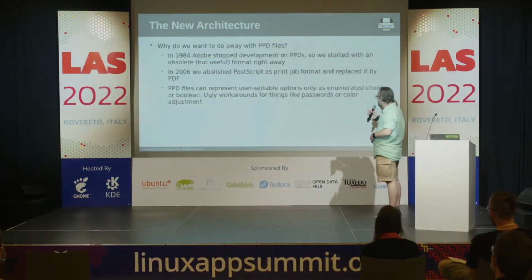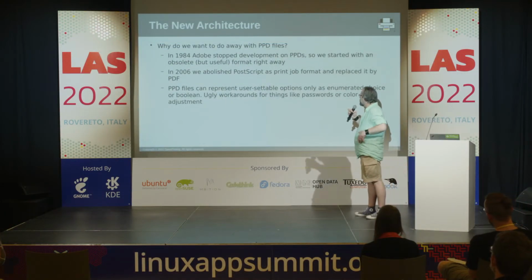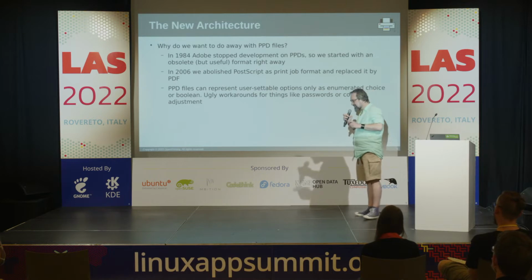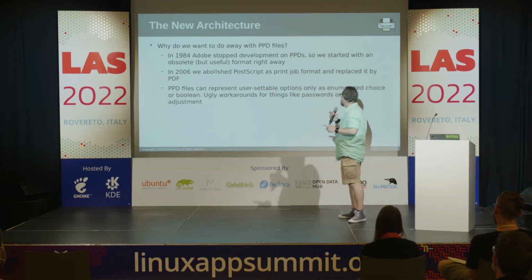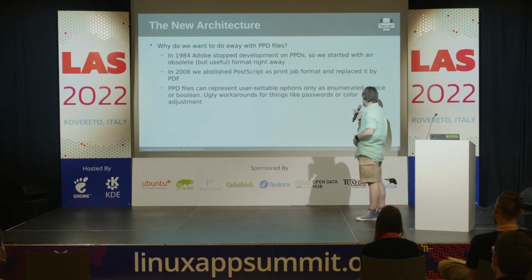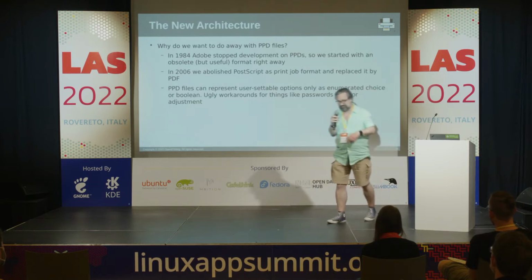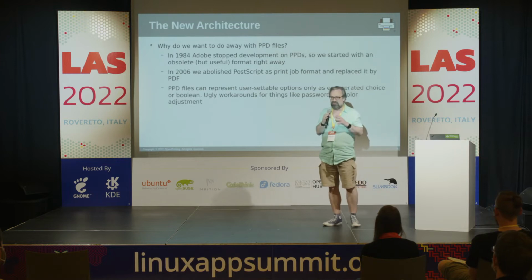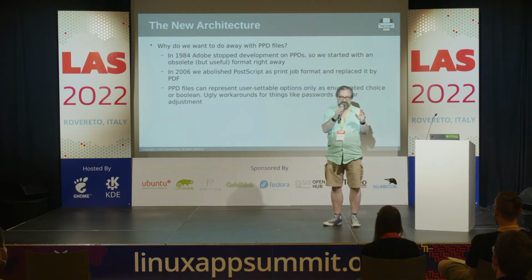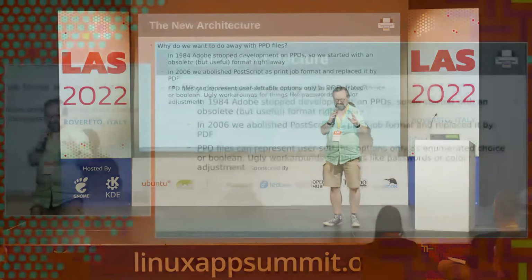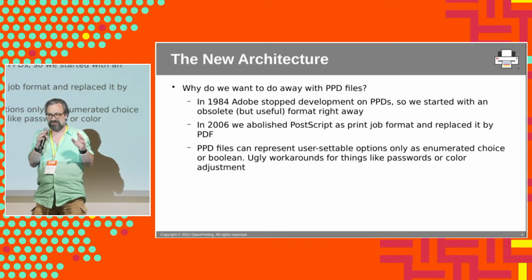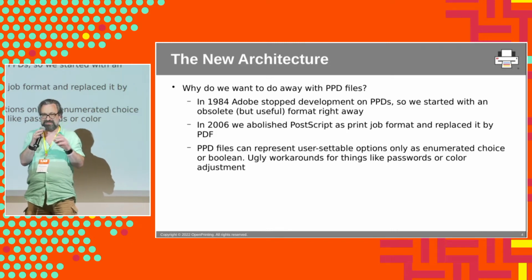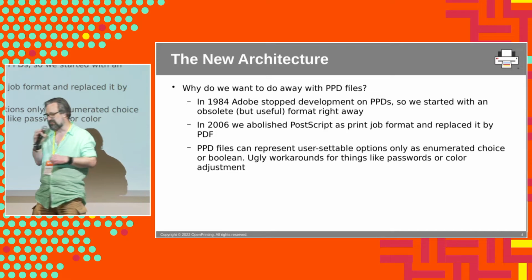So in 2006, Mike Sweet and I abolished PostScript as print job format and replaced it by PDF, because we were in a world where we have very many non-PostScript printers, and also PDF has transparency and is not a programming language, so it cannot contain malicious software.